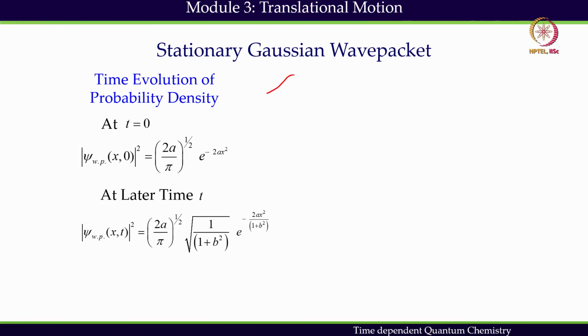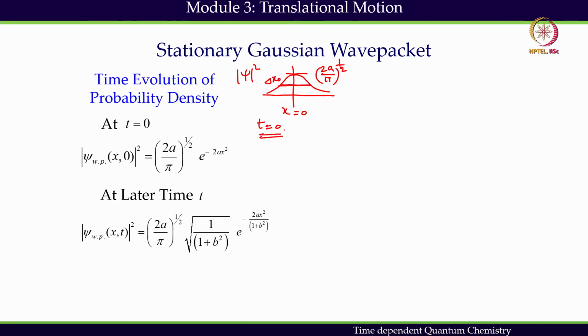So, I started with this which is centered at x equals 0 and this was the density, maximum is 2a by pi to the power half, and initial width was delta x naught. Let us say at t equals 0 we had an initial width of the Gaussian delta x naught.